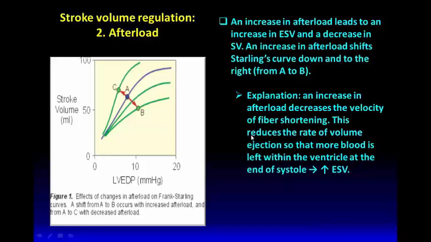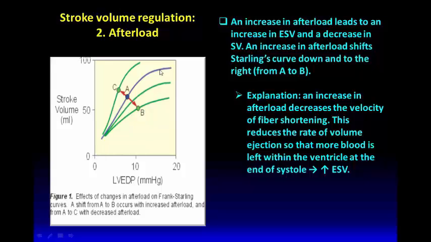Here we have a modified Starling's curve, a modified cardiac function curve, where we have on the x-axis left ventricular end diastolic pressure as an index of preload, and on the y-axis we have stroke volume as usual. So this is a modified Starling's curve.